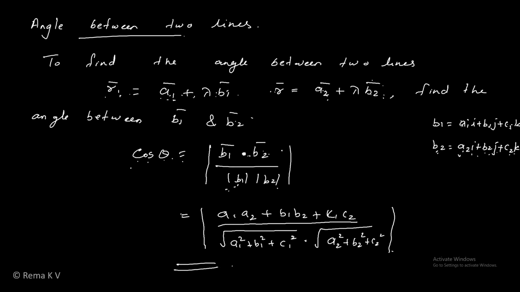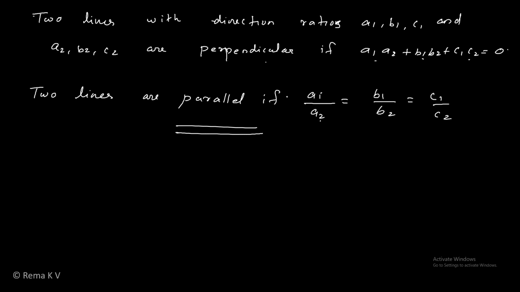And if this B1 dot B2 is equal to 0, then the lines are perpendicular. And if the direction ratios are proportional, that is A1 by A2 is equal to B1 by B2 is equal to C1 by C2, then the two lines are parallel. Is it clear?